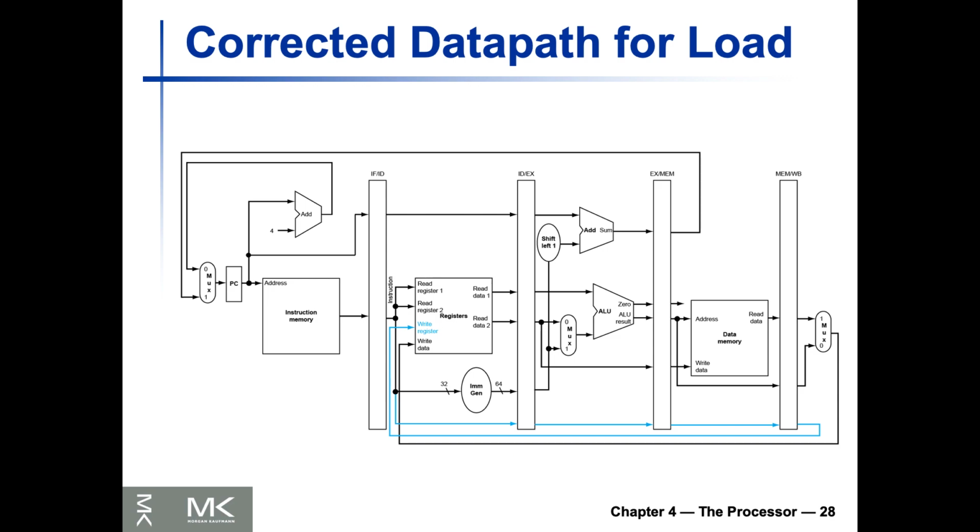So the correct flow is passing the right register number first to the ID or X register, and finally, the mem or write back register.